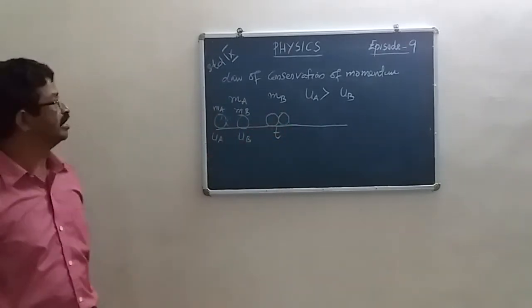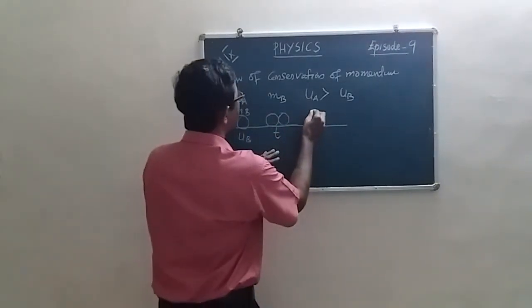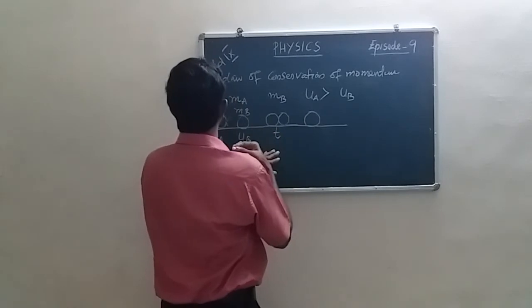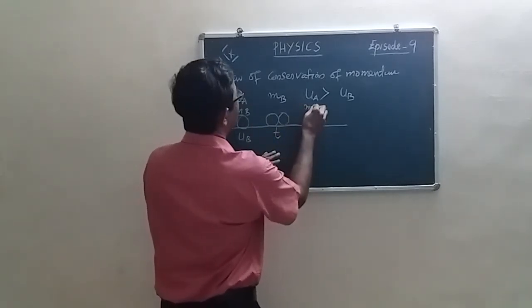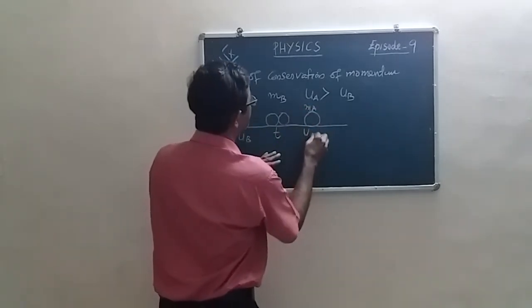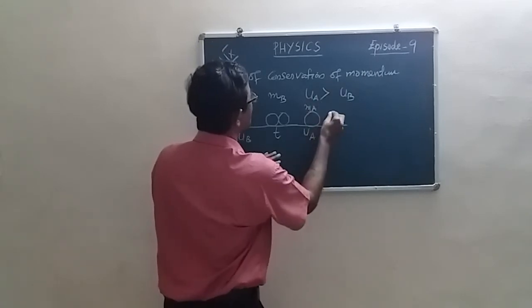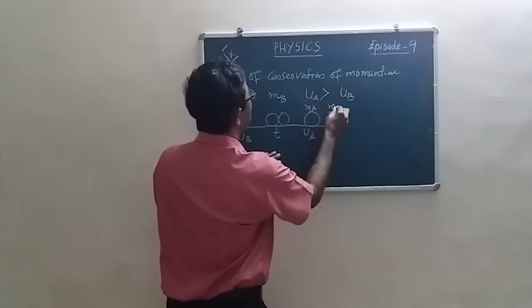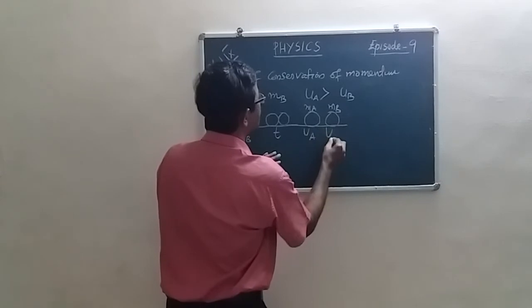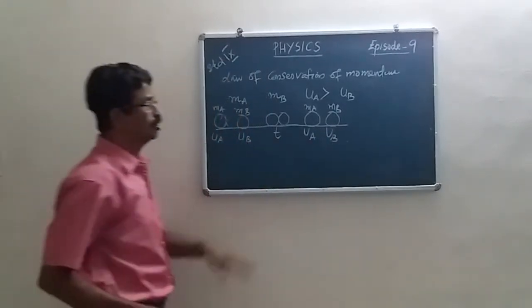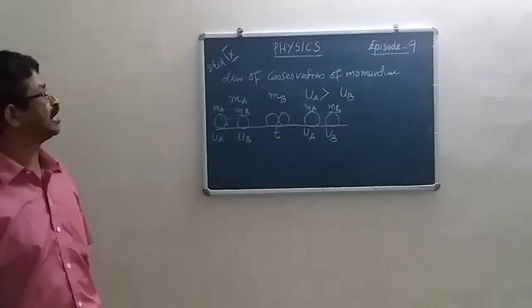After the collision, MA moves with velocity VA, and MB moves with velocity VB.